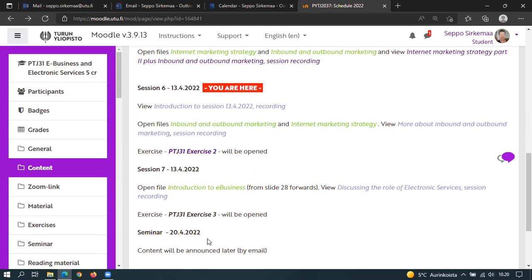I shall send you an email about this one. This kind of session is the last of this type, and the seminar is going to be an online event, so you are supposed to be there in person at the University Consortium in Pori. Yes, so this is what you are supposed to do this week, and next week there is going to be a seminar which is going to be somewhat different.